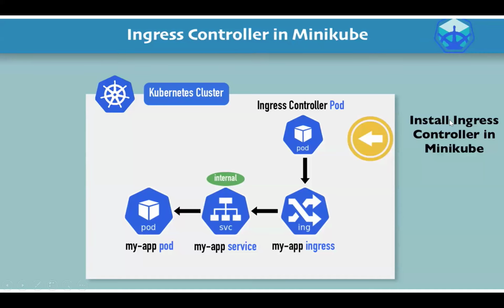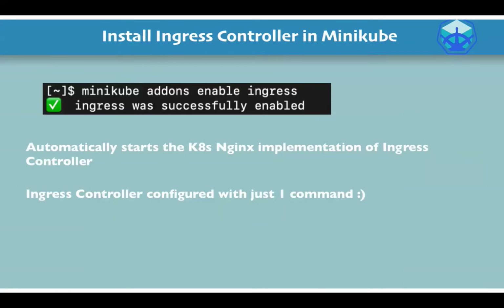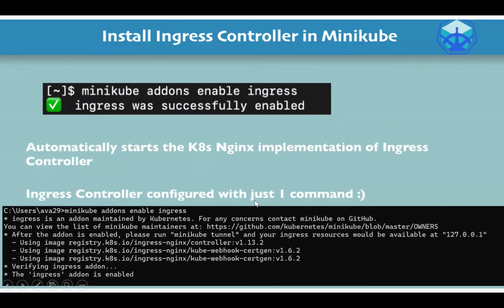So we need to install the Ingress controller in our Minikube because we are not doing it directly on our proxy server. We will be taking the help of Minikube. And this is the command to enable Ingress in your system. This is how it looks: minikube addons enable ingress.